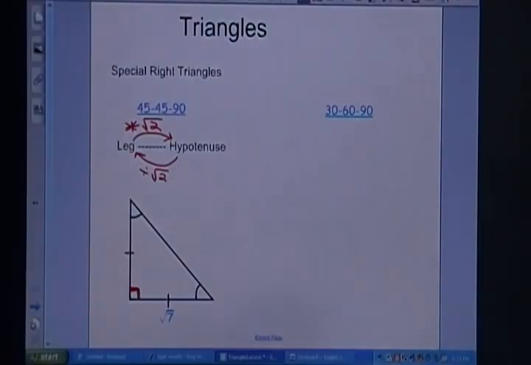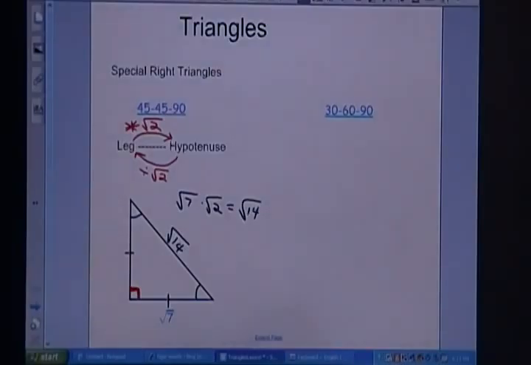Now, to go from the leg, which is root 7, to the hypotenuse, we have to multiply by root 2, so it's going to be root 7 times root 2. We follow our radical rules, and we find out that that is root 14. So the hypotenuse here is root 14. You'll have to pay attention to what the question asks you. If they want you to round to the nearest tenth, you can round that to the nearest tenth. Otherwise, you'll have to simplify that radical.